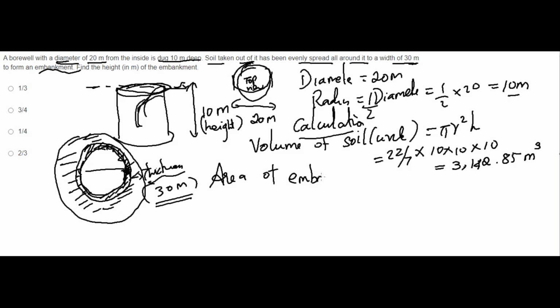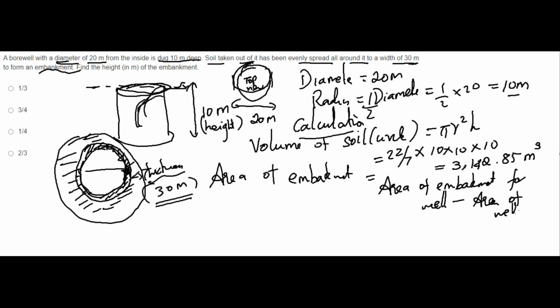Mainly you have to take the area of the embankment, that is, the complete well, and you have to remove the area of the well.